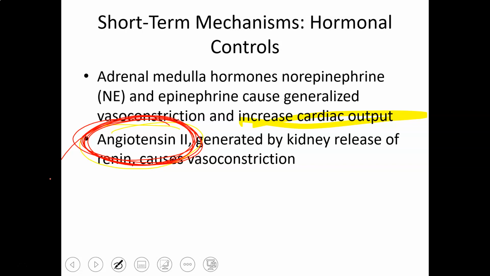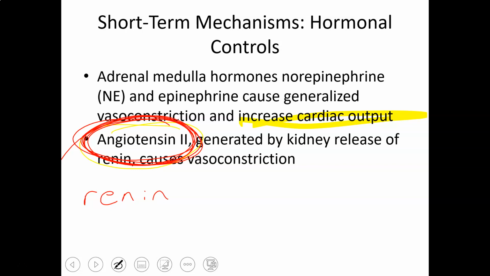So if at any point the kidneys feel like they can't do that, they release something called renin. And this sets off what's called the renin-angiotensin mechanism. The renin-angiotensin mechanism is a big picture blood pressure control mechanism. How does it work?